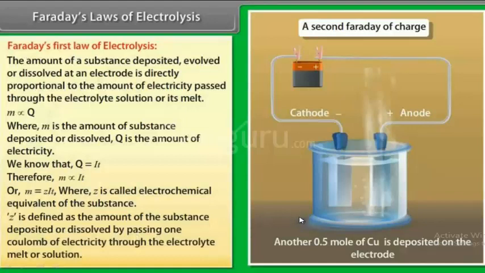The amount of substance which is deposited or dissolved at each electrode by passing 1 coulomb of electricity is called the electrochemical equivalent of that substance. How can we determine the electrochemical equivalent?